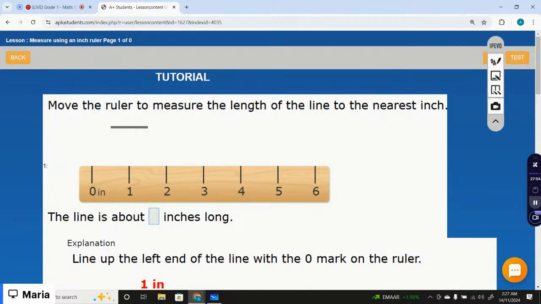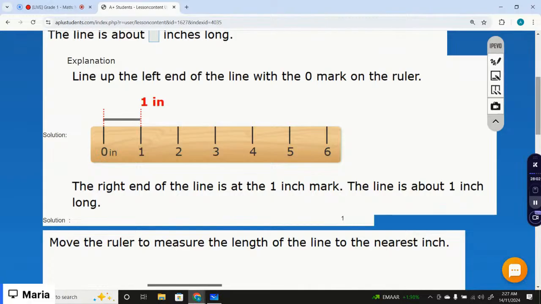So you have to move the ruler to measure the length of the line to the nearest inch. So how do you measure? You have to line up the left end of the line with the zero mark on the ruler.